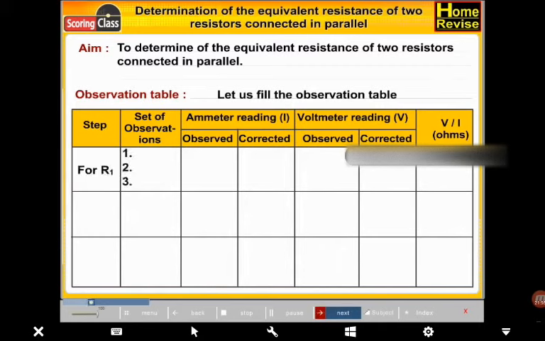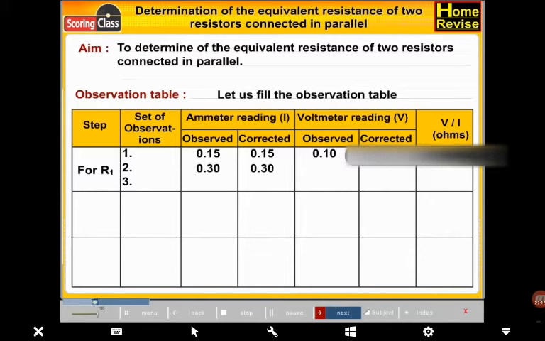For R1, for first set of observations, ammeter reading observed 0.15, corrected 0.15, voltmeter reading observed 0.10, corrected 0.10, it is 0.66 ohms.